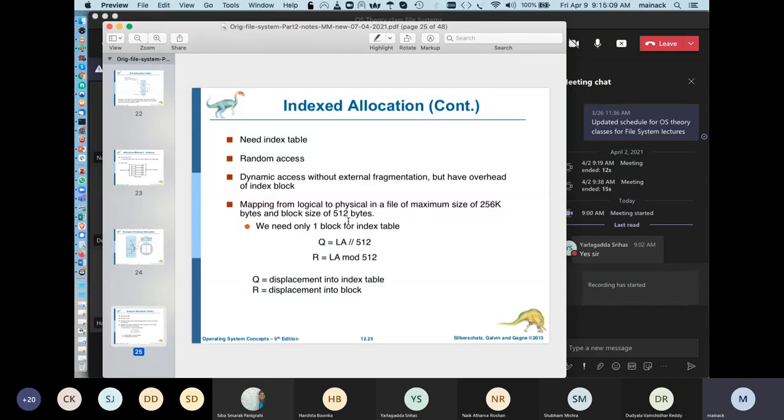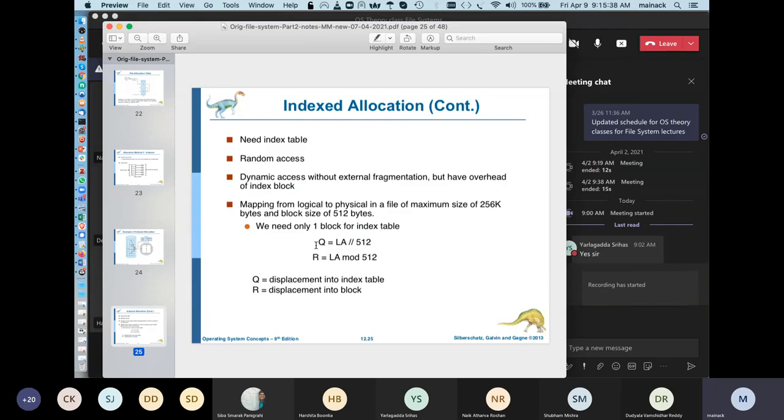What does it mean? Say you're going for 500, so you want to read the 75th byte. If it is the 75th byte, that means that it is in the first block, because each block is 512 bytes. So each byte in the index table will point to a 512 byte block.